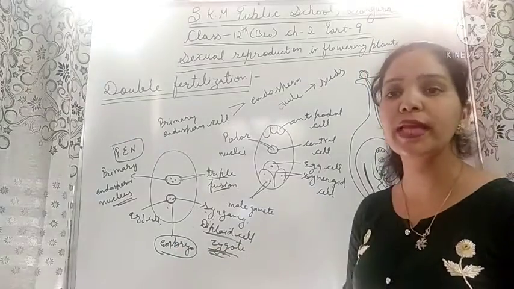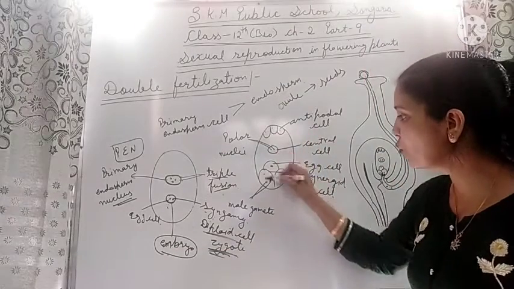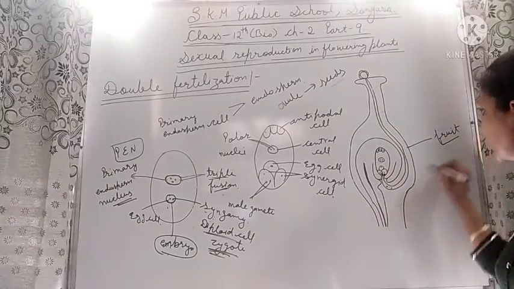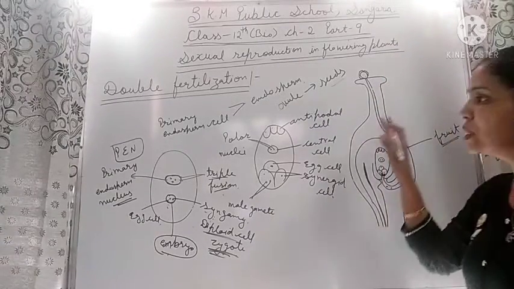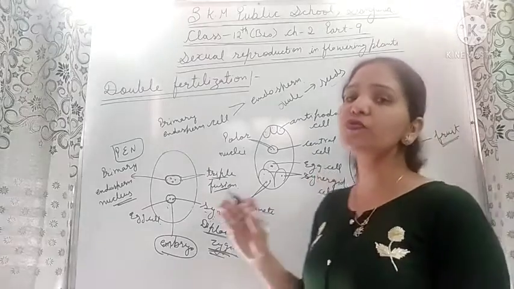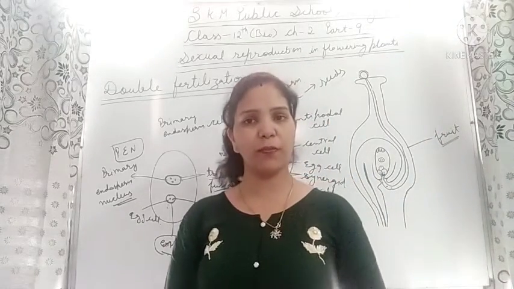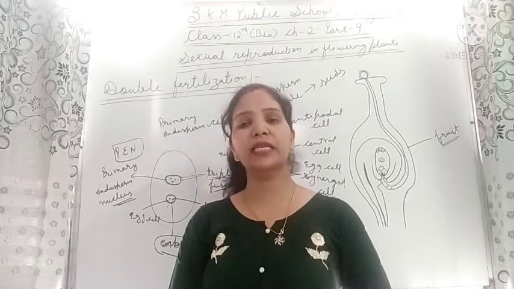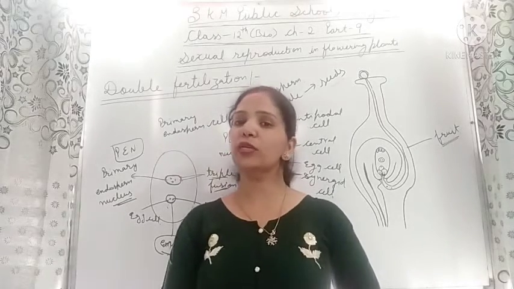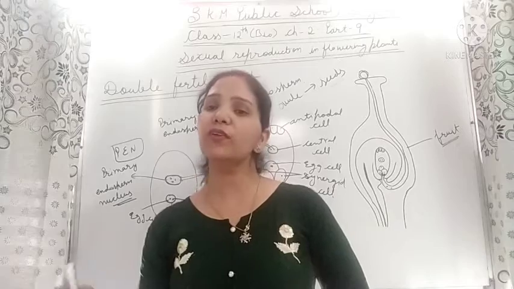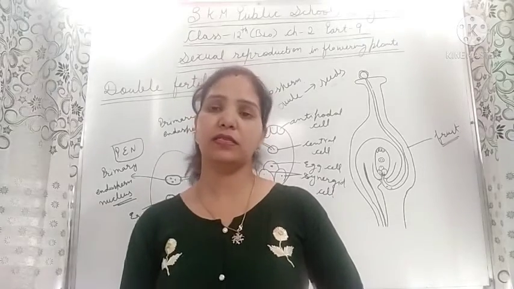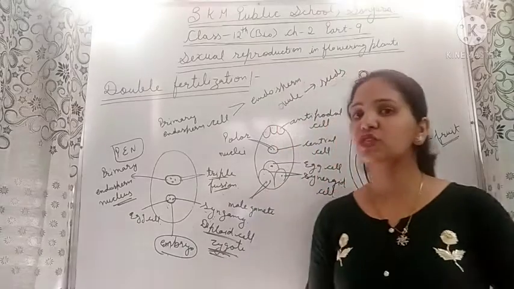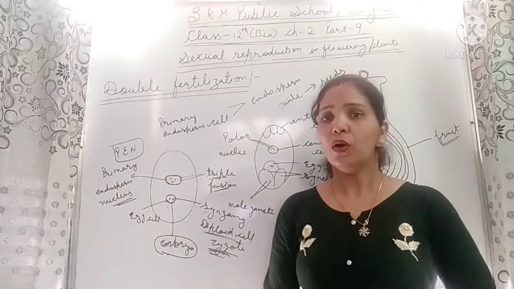The ovule develops into seeds and ovary develops into fruit. So these are the post-fertilization events for development of endosperm, development of embryo, development of seed and development of fruit. About this we will discuss in our next video.